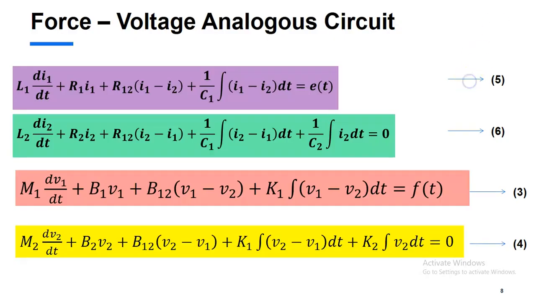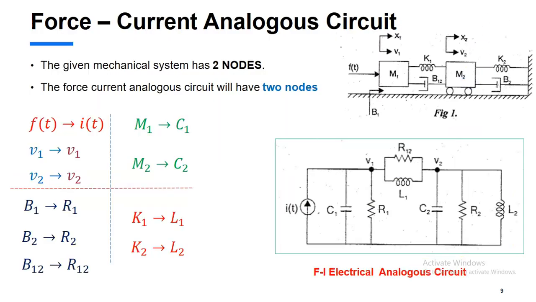Next, let's see how to draw a force current analogous circuit. The given mechanical system has two nodes. Therefore, in the force current analogous circuit, we will have 2 nodes.